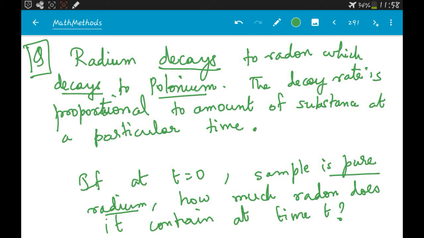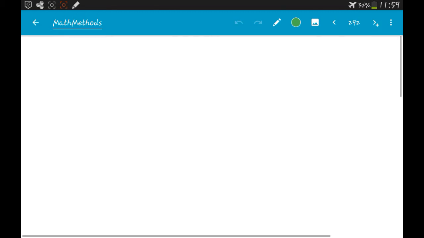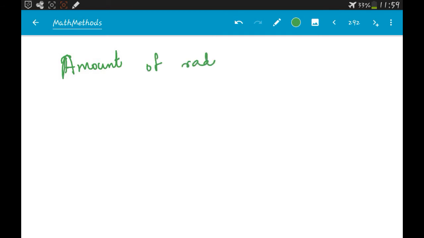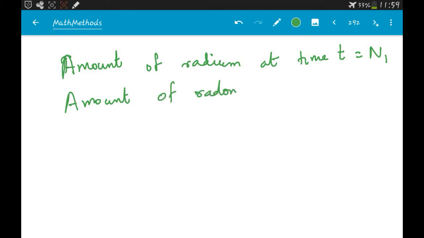So let's write down what is radium, radon and polonium. Let's consider the amount of radium at time t is N1, and the amount of radon at time t is N2.